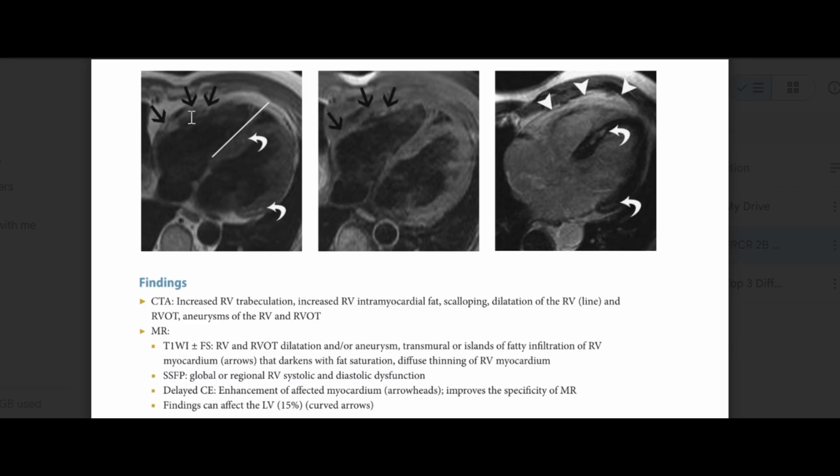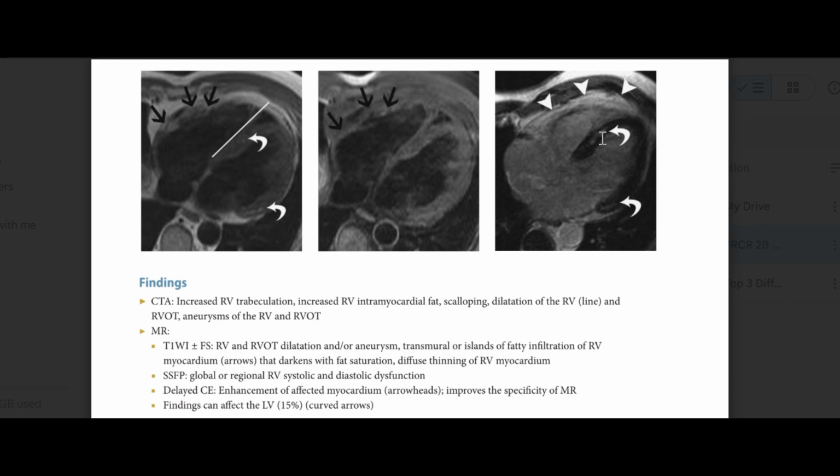So here, this is the thinning and the infiltration of the right ventricular wall with fat of high signal, with delayed contrast enhancement of the affected myocardium. Findings can affect the left ventricle.